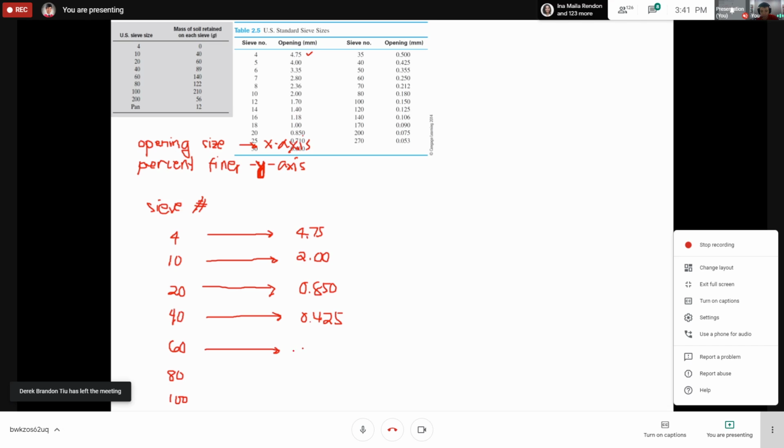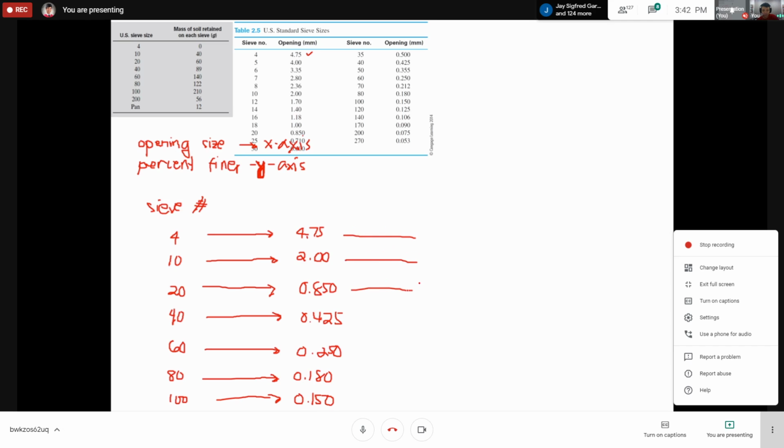Sieve number 60, 0.25. Sieve number 80, 0.180. Sieve number 100, 0.15. And lastly, sieve number 200, 0.075. And then you can list the masses per sieve retained.